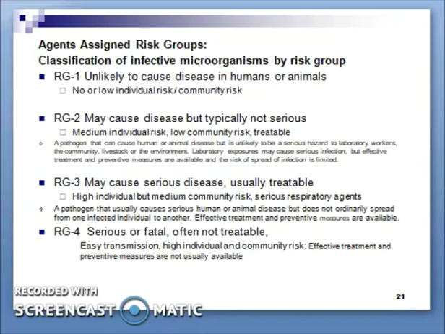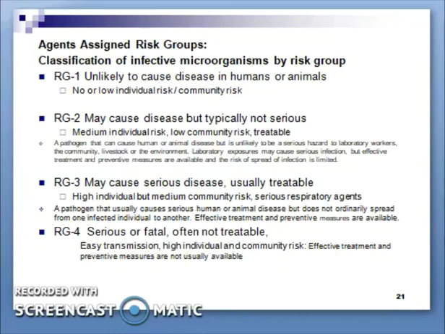Risk group 2 includes pathogenic microorganisms which cause disease, but the diseases are typically not serious. Similarly, risk group 3 microorganisms may cause serious diseases, usually treatable, and these pathogens are mainly respiratory tract pathogens.